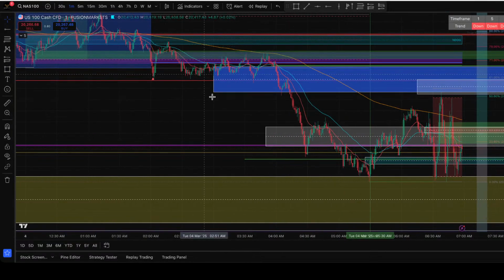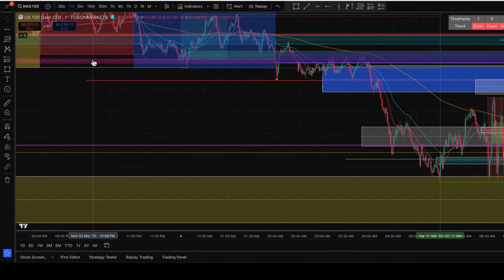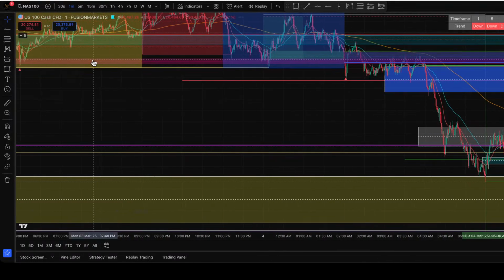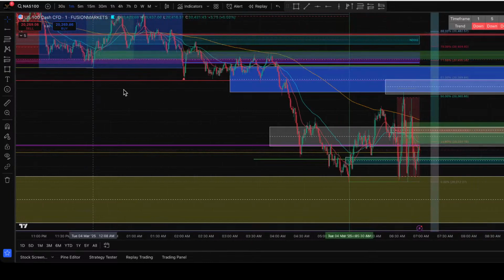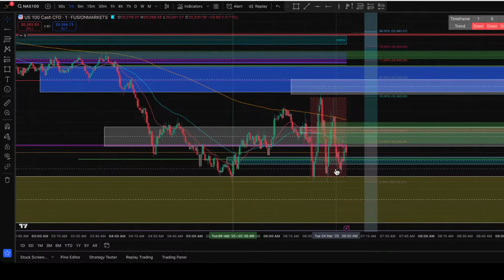New day opening gap was actually tapped many times during London and Asia. We'll take a look at those moves as well to see if those would have been cleaner sessions.